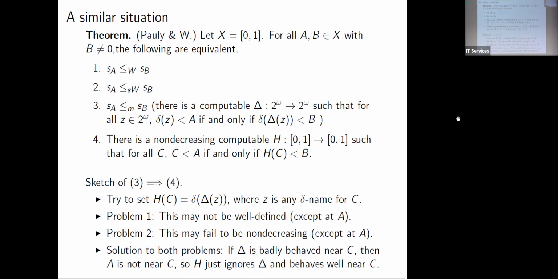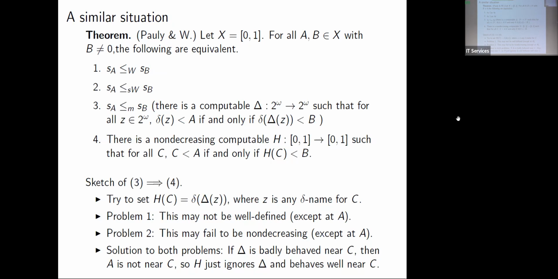So suppose that we know that there is a computable way to translate names to names with the property that if Z names an element less than A, then that's true if and only if big delta Z names an element less than B. You can show that delta, when given a name for A, has to give out a name for B. That's again some kind of continuity thing.